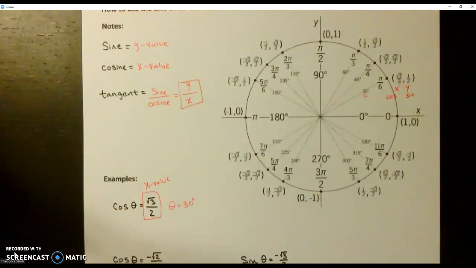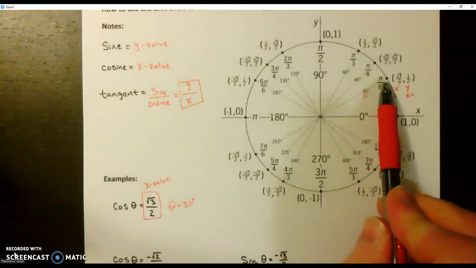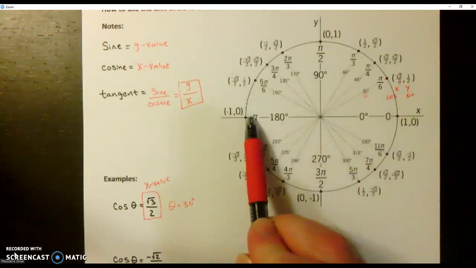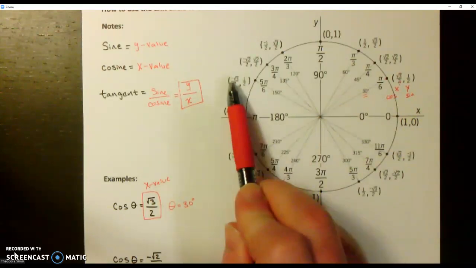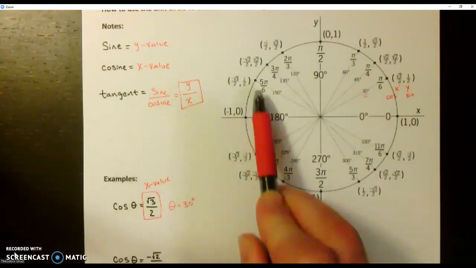30 degrees. But that's not the only answer. Notice, if x is positive, that means I went to the right. If I go to the left and up 30 degrees, then I would be at negative square root 3 over 2, and we don't want that. We want the positive version.